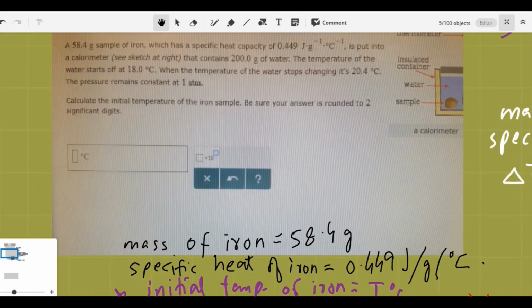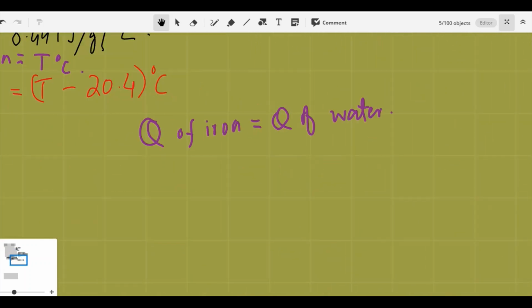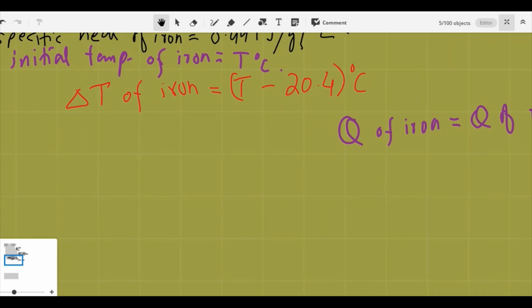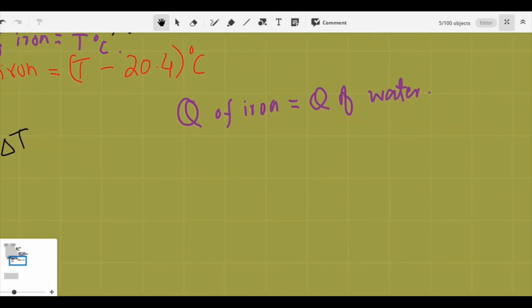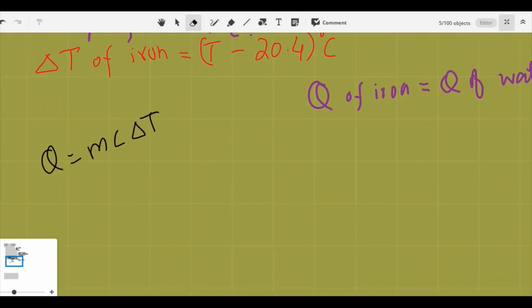And Q is equal to M C delta T. You can write MC or MS, where S is also the specific heat.